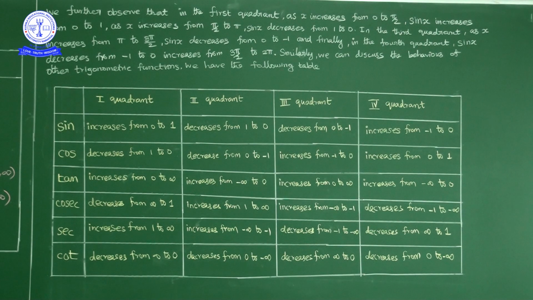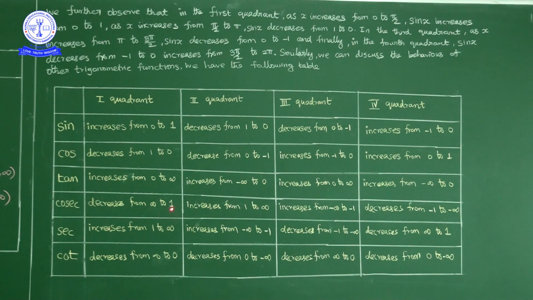Now as x increases from 0 to pi by 2, sin x increases from 0 to 1. So its reciprocal decreases from infinity to 1. Okay.